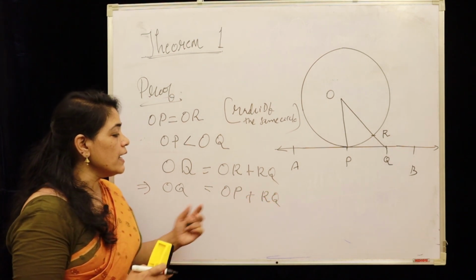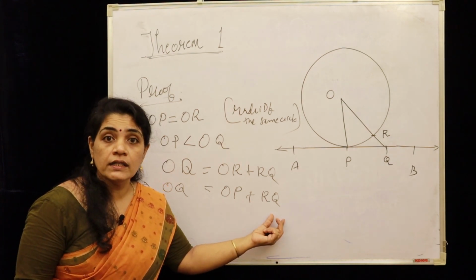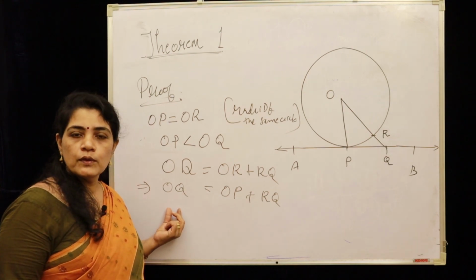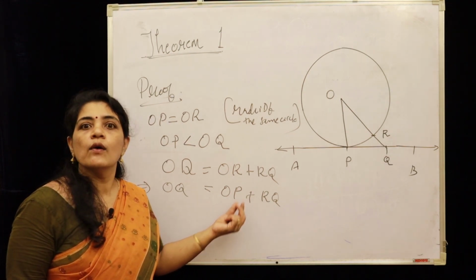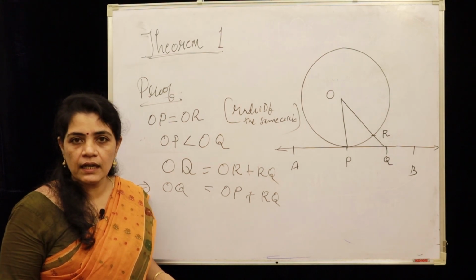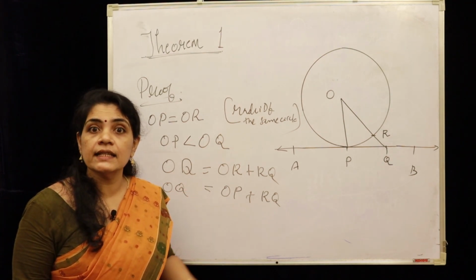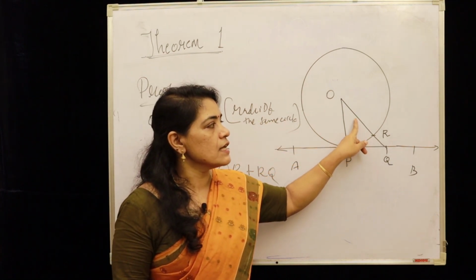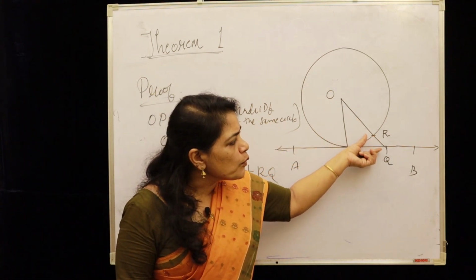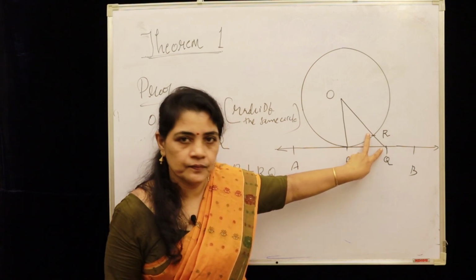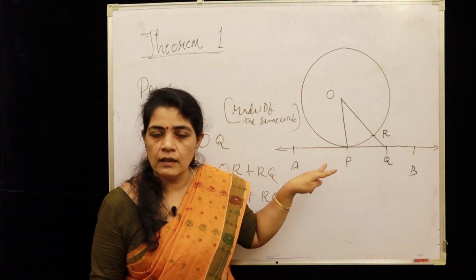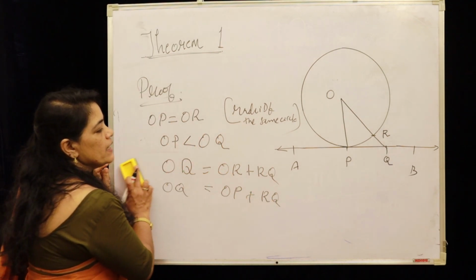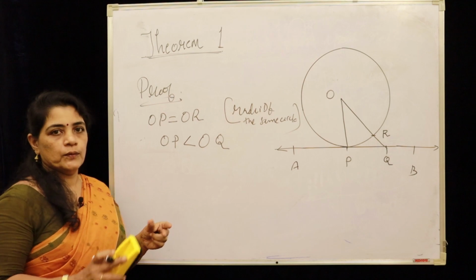So you are adding another quantity to OP and that gives you OQ. So OP is less than OQ, or OQ is greater than OP. Is that point clear? Because OQ is the sum of OR and this extra portion added to OP. So OP is less than OQ.